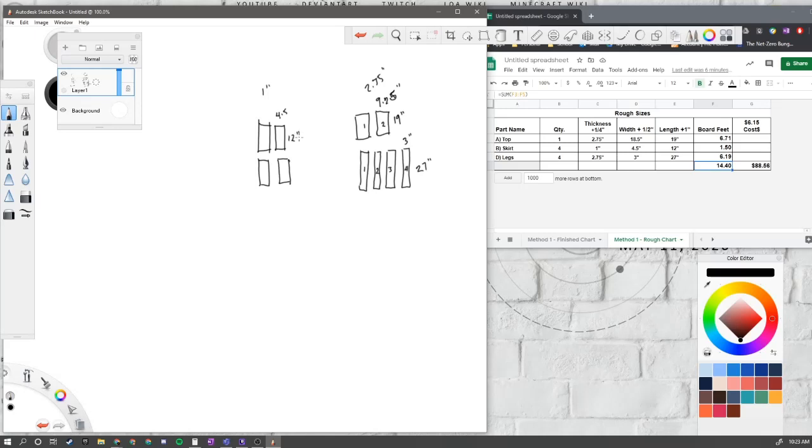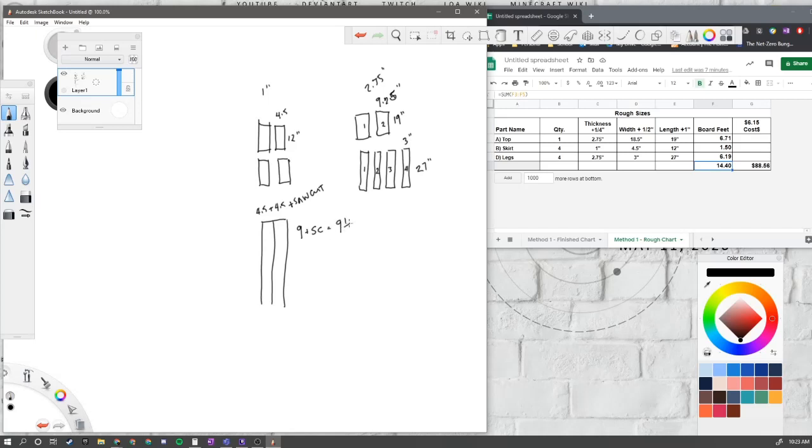Okay, so if I want to draw out a piece of wood that would accommodate the skirt, I know that the wood is going to need to be 4.5 plus 4.5 plus my saw cut. So that's going to equal 9 plus the saw cut, which is 1/8 of an inch.